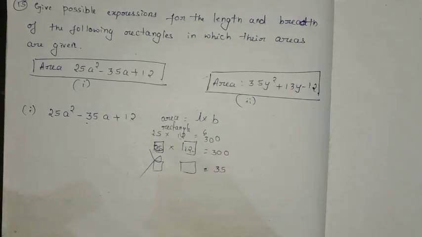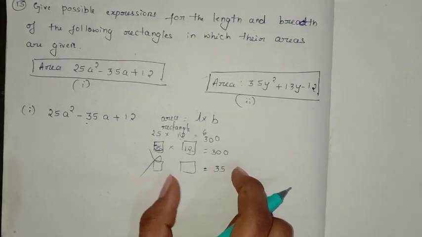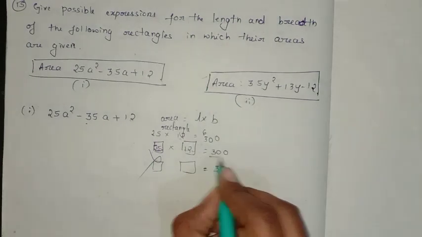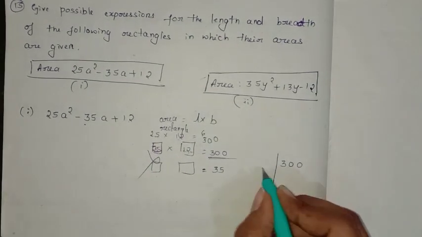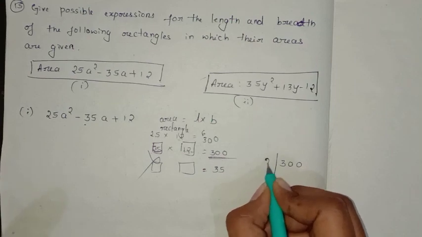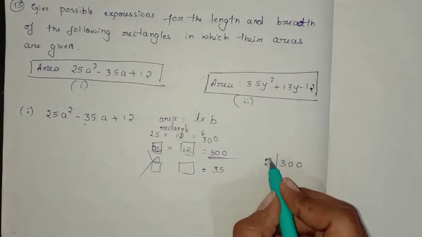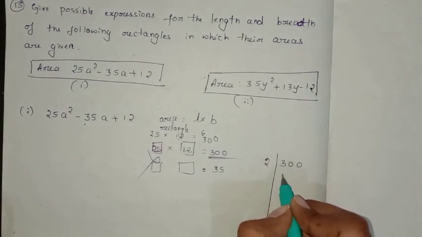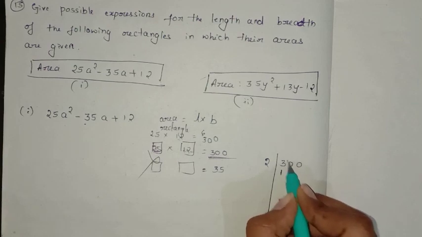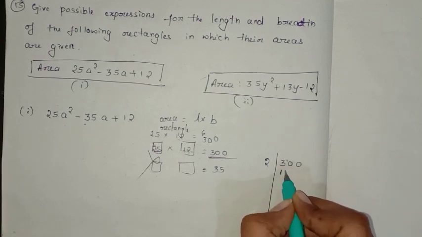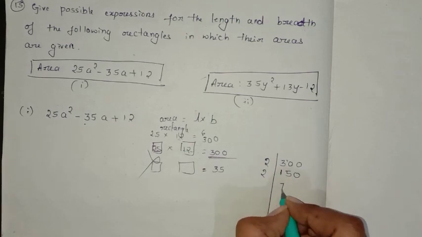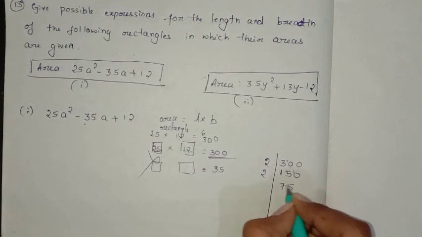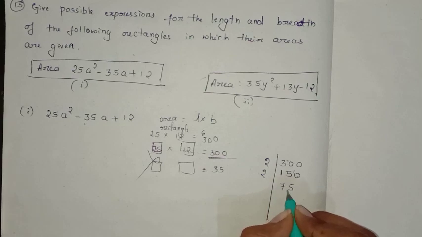Another method, if the numbers are big, is this. As you know, this is 300, so just factorize it. Factorization means you divide by the least number each time. 300 divided by 2 is 150, divided by 2 is 75. Does it go by 2?